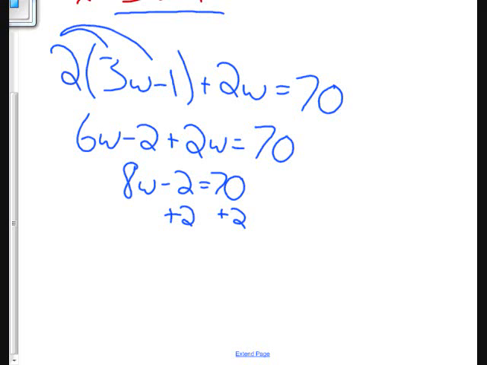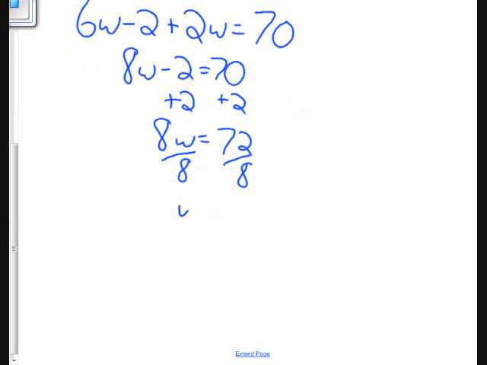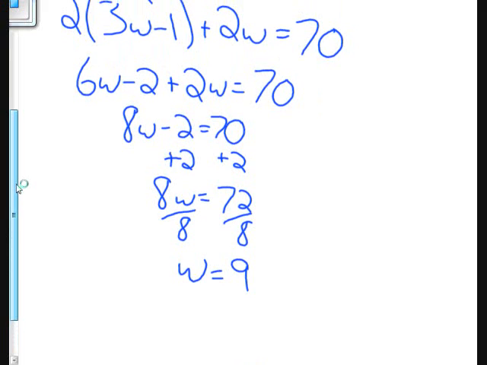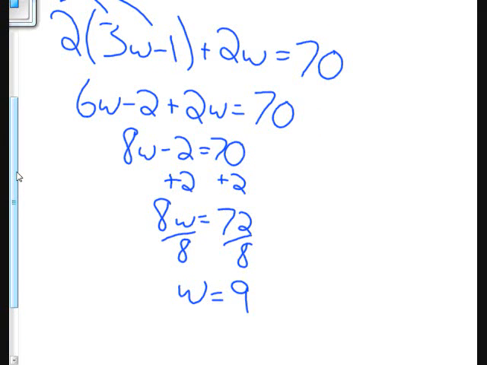When I have my 2 either side, I'm going to divide by 8. I get W equals 9. Everyone cool with how we did that?